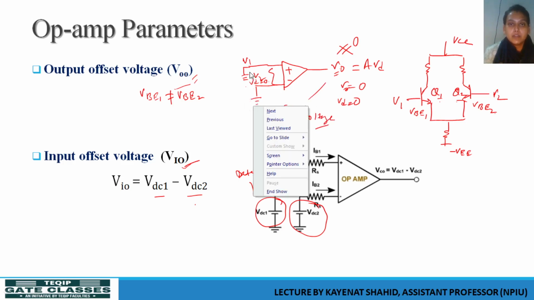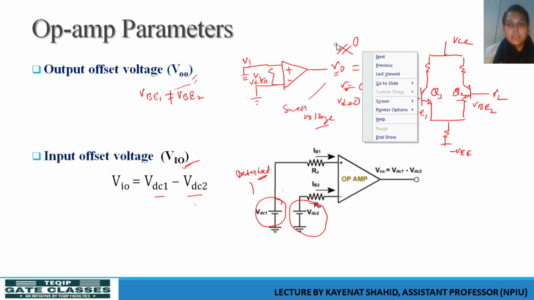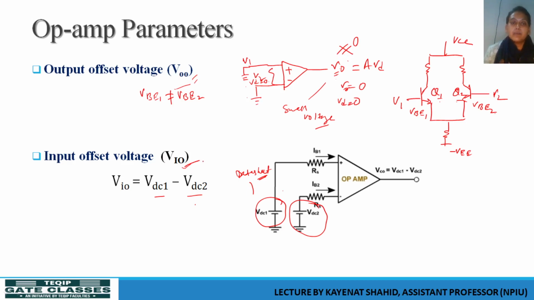To make this output voltage 0, we have to apply a certain input offset voltage, and this will be provided by your op-amp manufacturer's data sheet. So this is the input offset voltage. The input offset voltage is applied to reduce the output offset voltage. Hope you got my point.